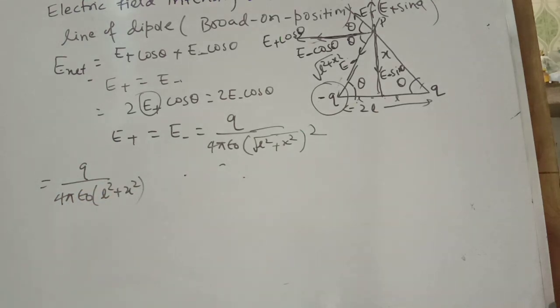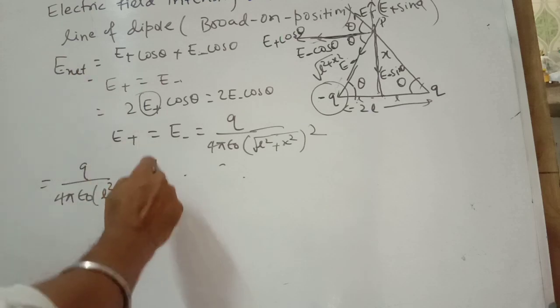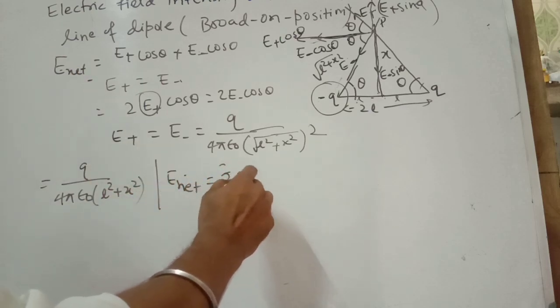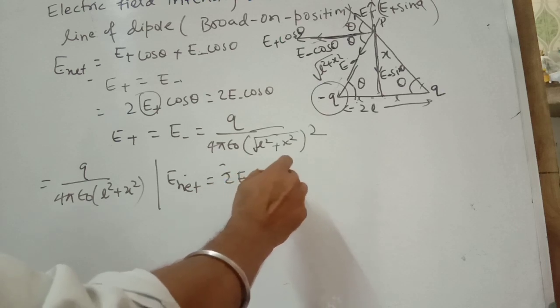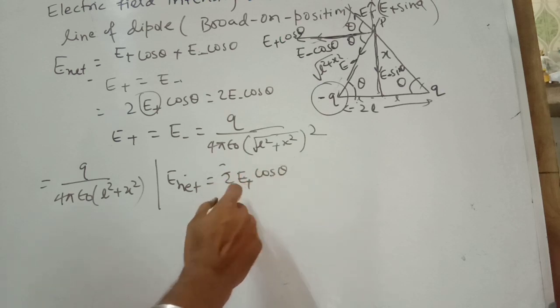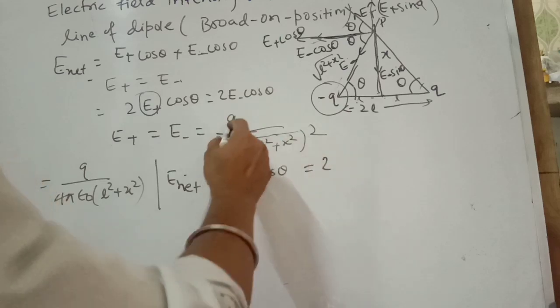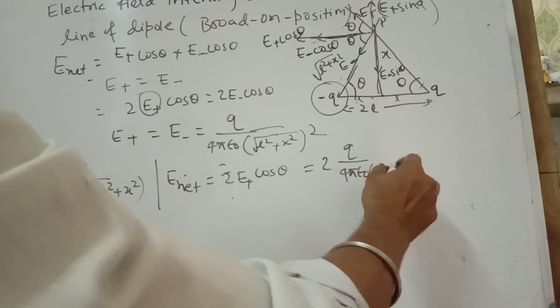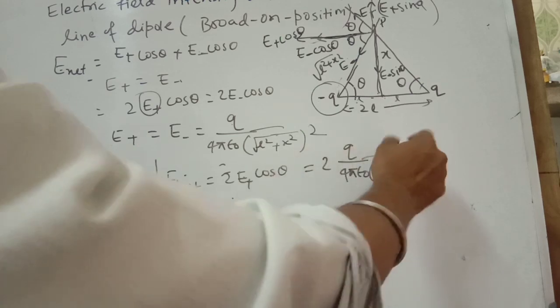After that, E net is 2E plus cos theta, so E plus is Q by 4 pi epsilon naught into L square plus x square. What is the value of cos theta?